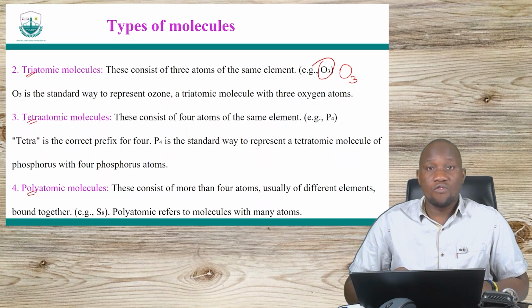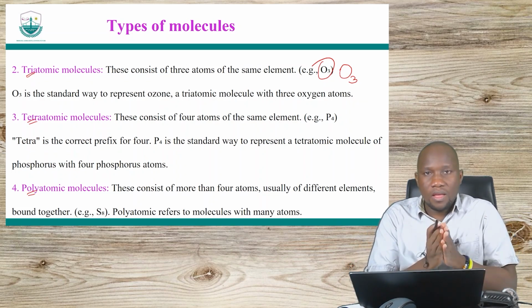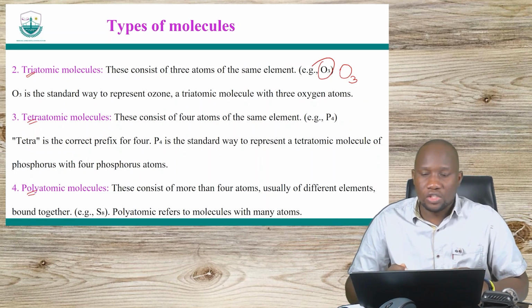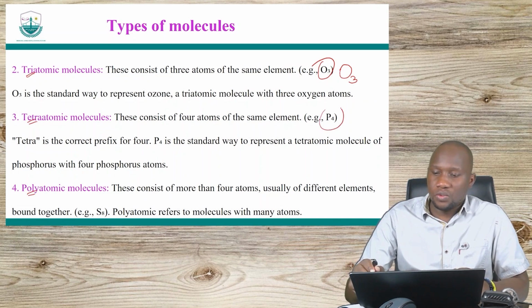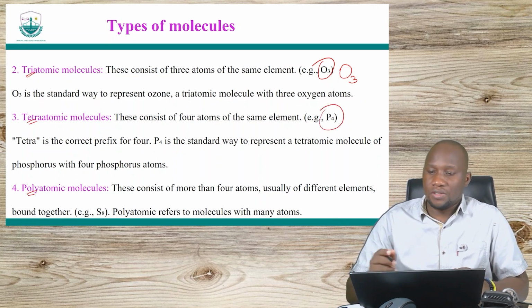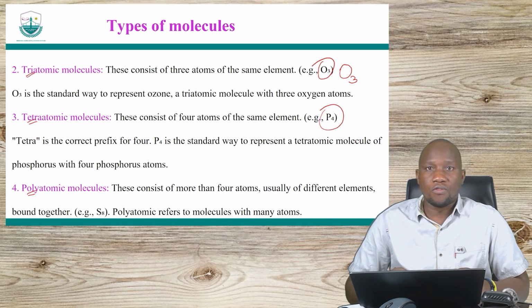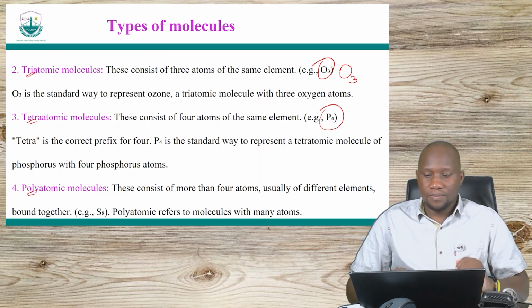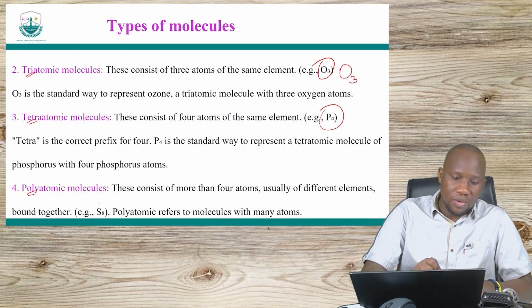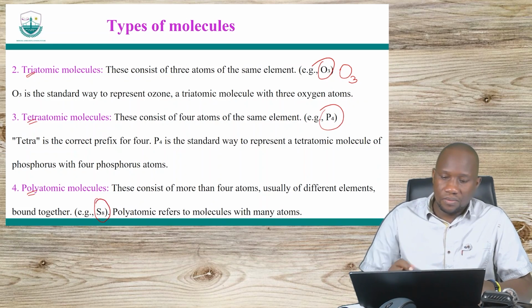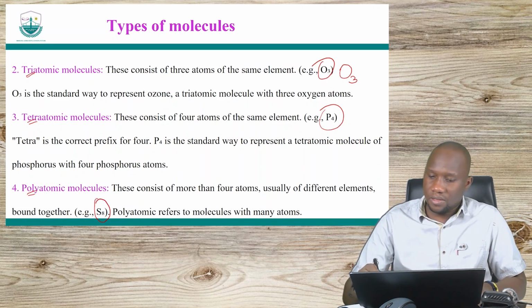This you have four atoms existing as a molecule. So phosphorus is one of those that you will have four atoms of phosphorus existing together. And then poly, meaning many, and in this case, the example we have here is sulfur. Okay, sulfur.